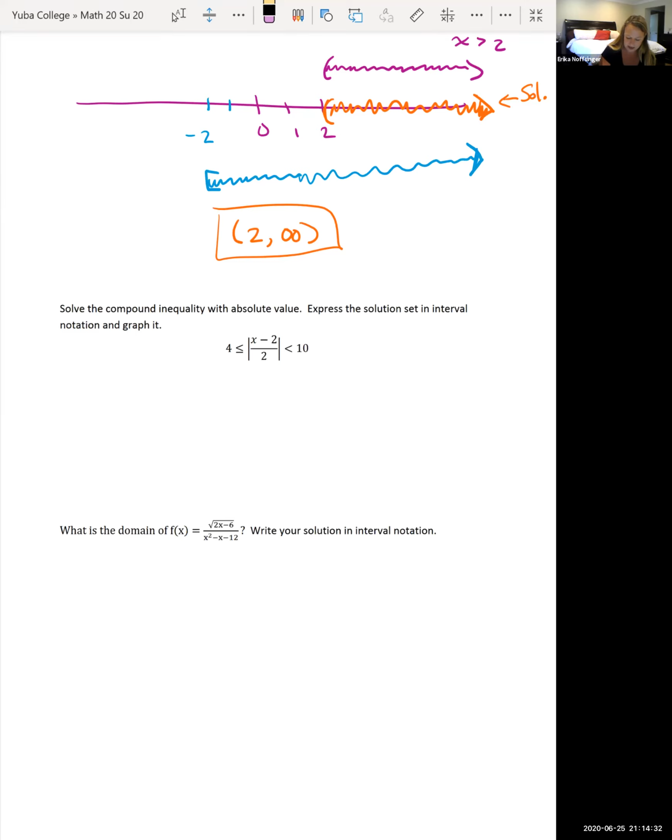So this is the same thing as the absolute value of x minus 2 all over 2 is greater than or equal to 4. We also have the absolute value, so that's the whole absolute value of the fraction. We have the absolute value, and this is an and statement again. The absolute value of x minus 2 all over 2 has to be less than 10.